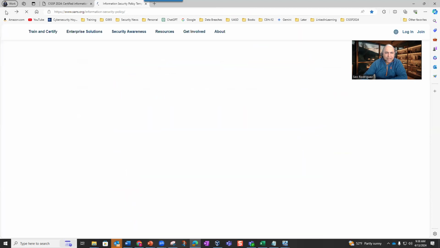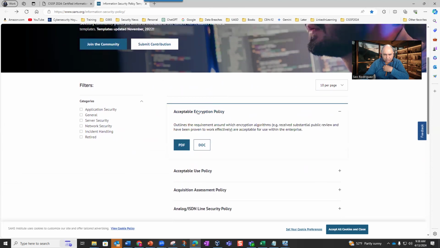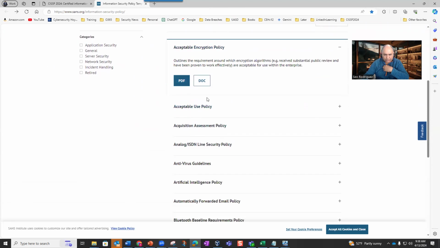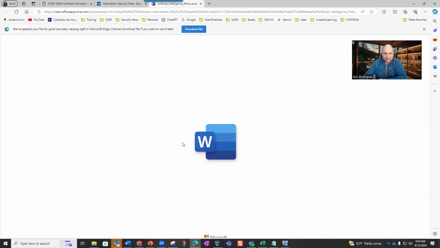If we go back to the policies over here, we have, for example, acceptable encryption policy, so what kind of encryption you're going to be using, antivirus guidelines, artificial intelligence. This is a new section, right? Due to the prevalence of AI in the workplace nowadays.